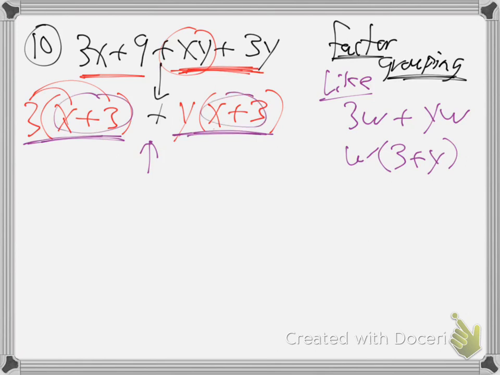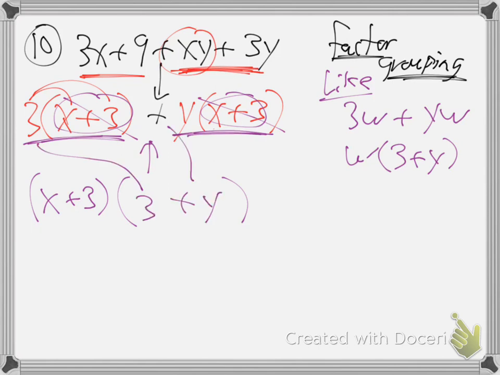They both have a parenthesis x plus 3. Take it out, remove it. What's left over in the other parenthesis? 3 plus y. Just like we did there. Done. How do we know we're done? All the pluses and minuses are contained. There they are. Does that make sense on that?